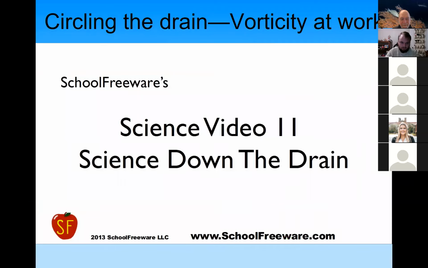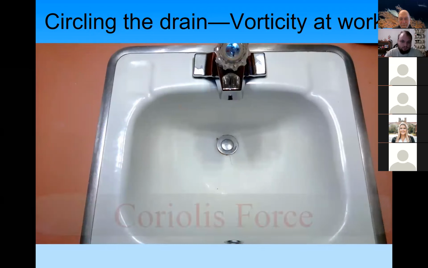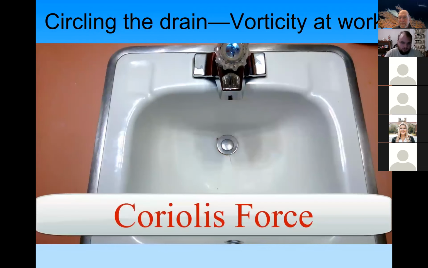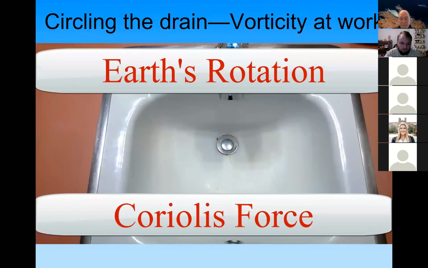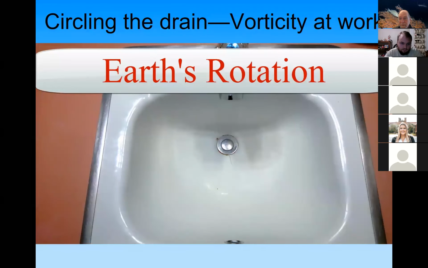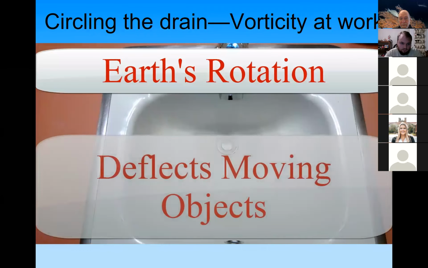This video was shot in the Northern Hemisphere. There is much confusion that the rotation of draining water is related to the Coriolis force, or if other forces cause the water to rotate in a specific direction. The Coriolis force is a force that is a result of the Earth's rotation. The Earth's rotation deflects moving objects.